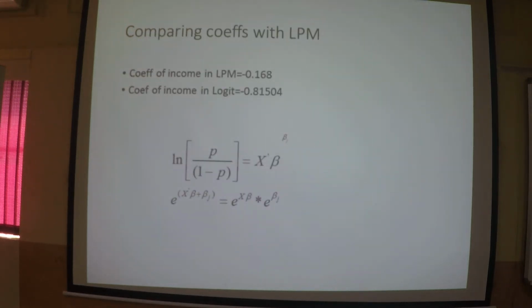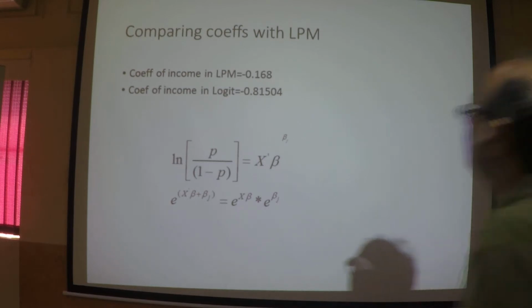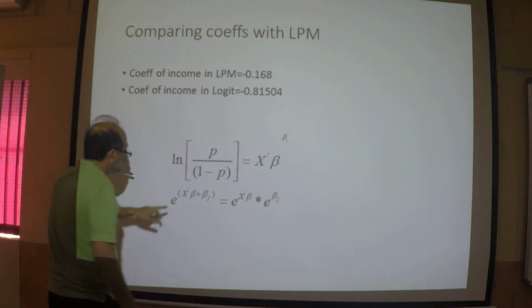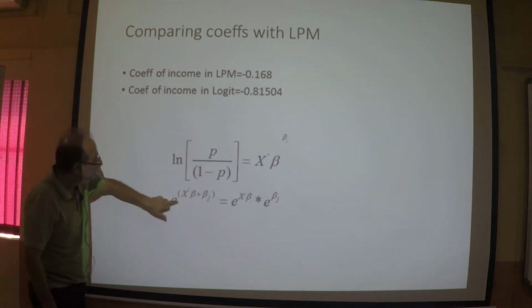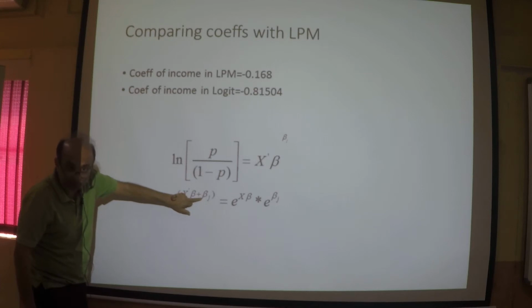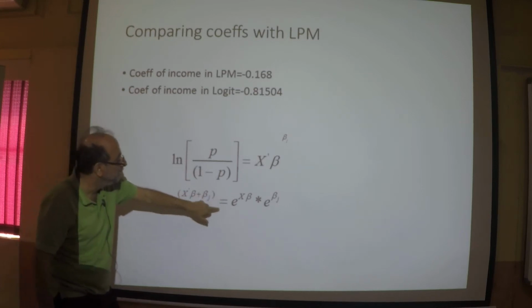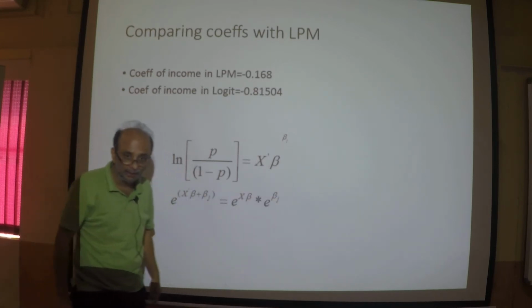Now, please note that here the coefficient of income in the LPM was minus 0.168. The coefficient of income in the logit was minus 0.8154. Now, remember, if the coefficient beta increases by a small amount beta j, so that you have e raised to x dash beta plus beta j, that is the same thing as e raised to x dash beta into e raised to beta j.